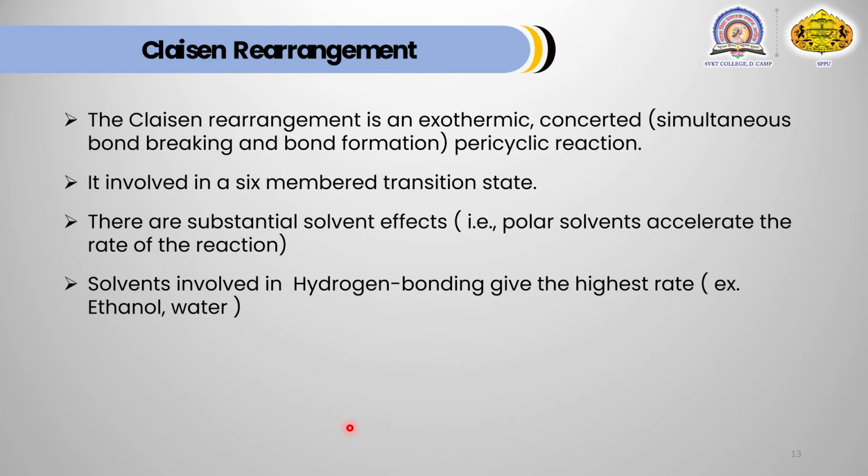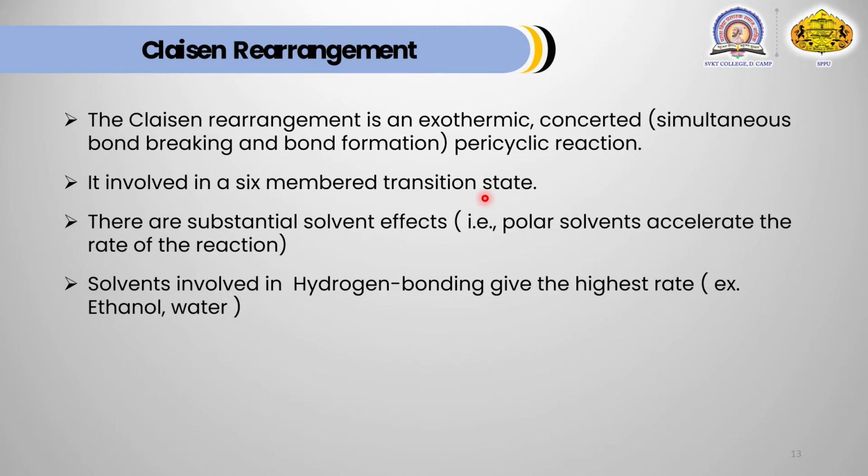Now these are some features of Claisen rearrangement. The Claisen rearrangement is an exothermic reaction. It is a concerted reaction, that is, simultaneous bond breaking and bond formation is taking place, and it is a pericyclic reaction, meaning there is movement of pi bond as well as sigma bond. This Claisen rearrangement involves a 6-member transition state.